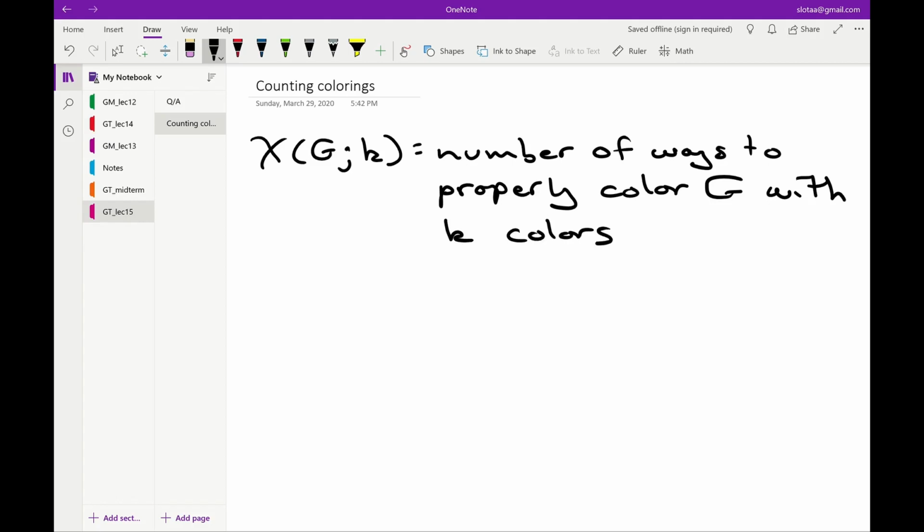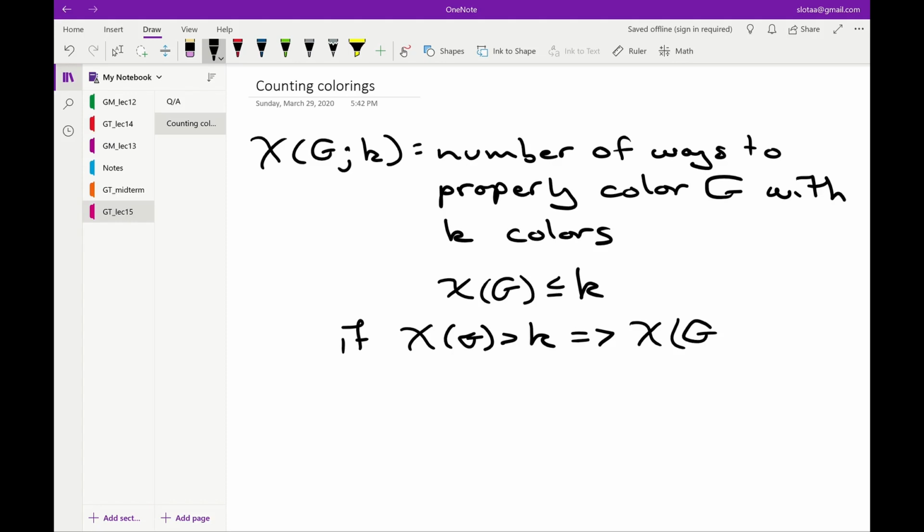Obviously this is going to be a non-zero function if the chromatic number of G is less than or equal to K, because if the chromatic number of G is greater than K, that would imply that this would always be equal to 0.